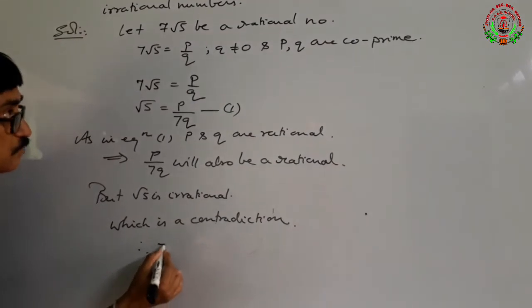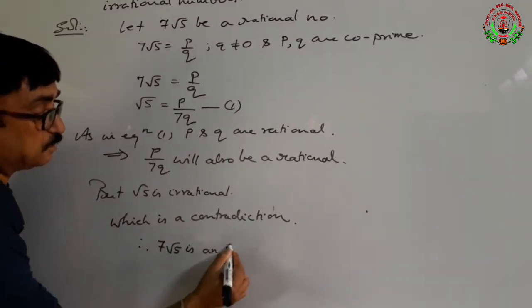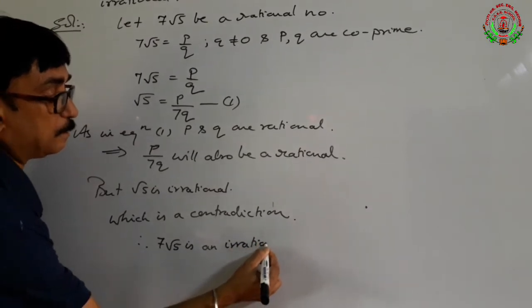Therefore 7 root 5 is an irrational number.